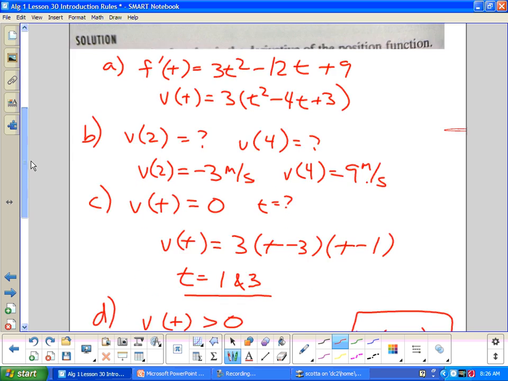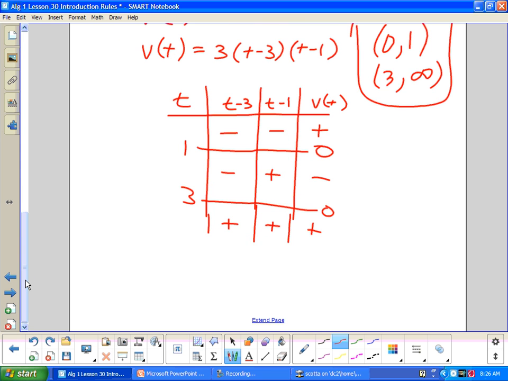Now this is a little bit annoying. Does everybody agree? And again, if I put the position function here, it was t cubed minus 6t squared plus 9t. What do you notice about the position function? I think it's factorable.